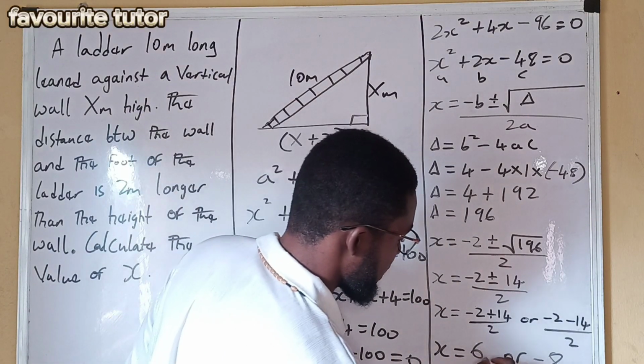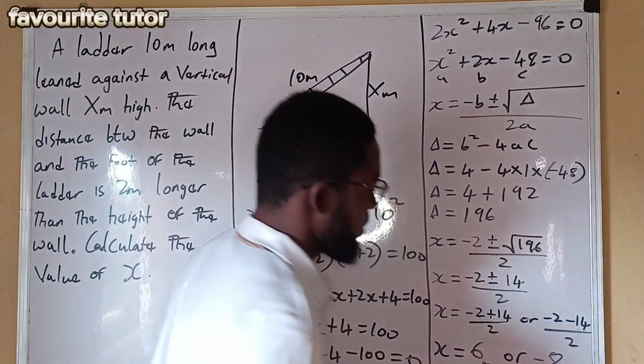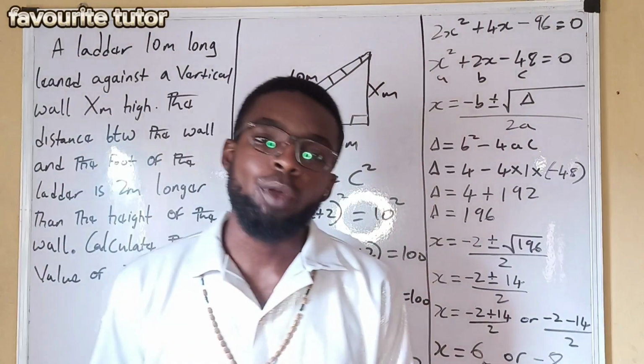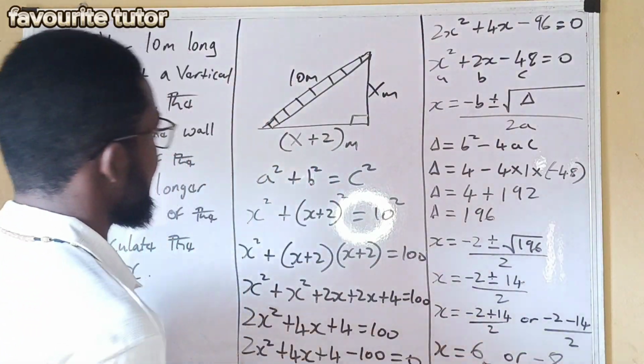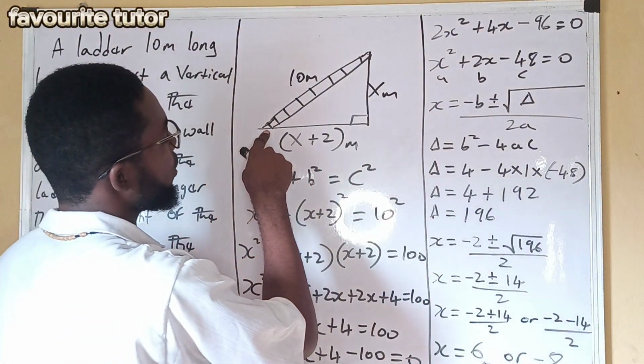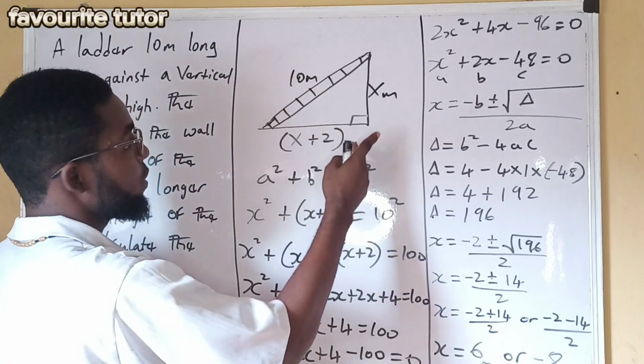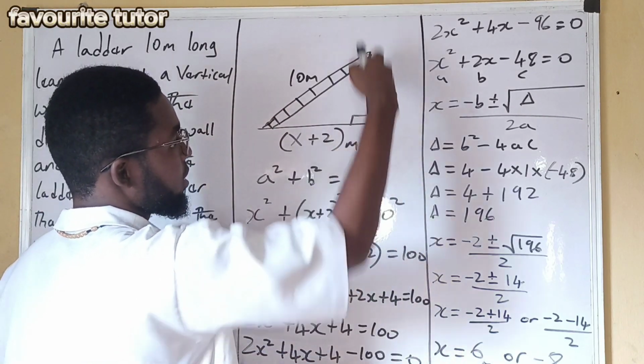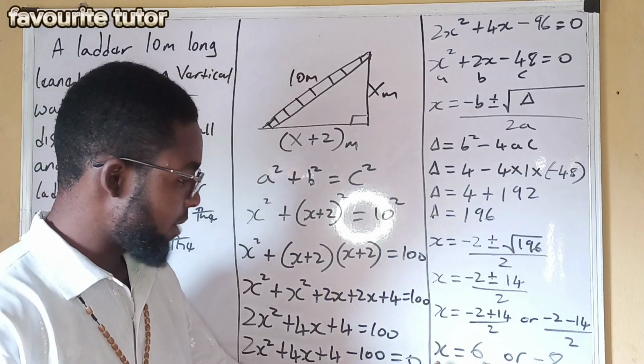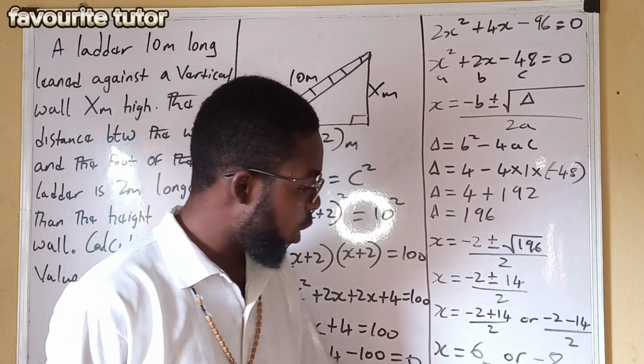But what are we calculating for? We are calculating for a distance or length, x. We have x as 6 or minus 8.